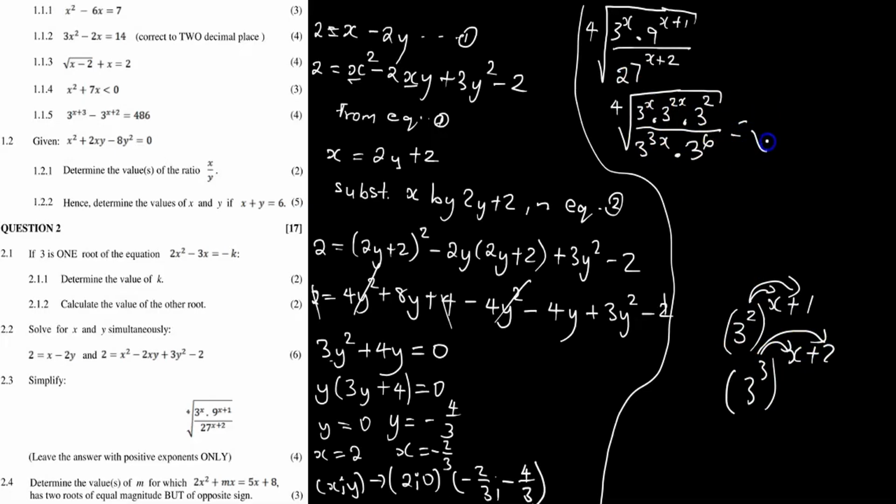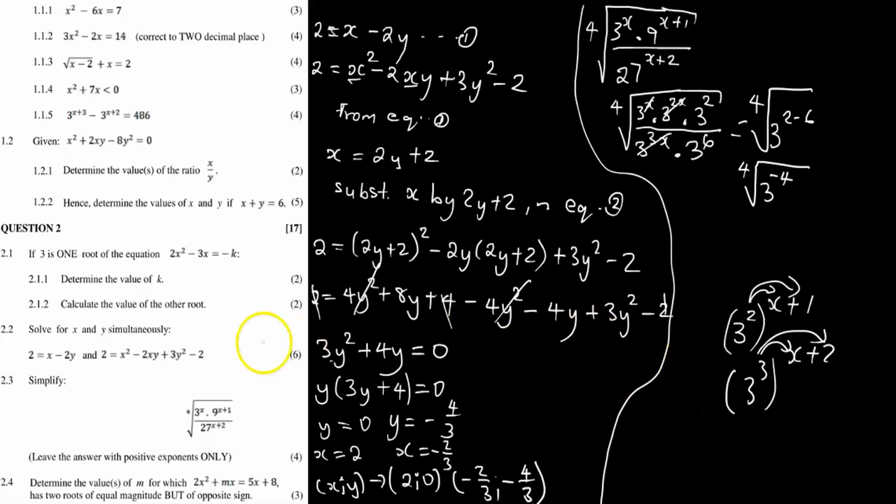Then from there we just say the fourth root of this is going to cancel this. Since it's 3 power x times 3 power 2x, it's 3 power 3x. Divided by 3 power 3x, it gives us 0. And then these two, you can just say it's 3 power 2 minus 6, and then it's the fourth root of 3 power negative 4.